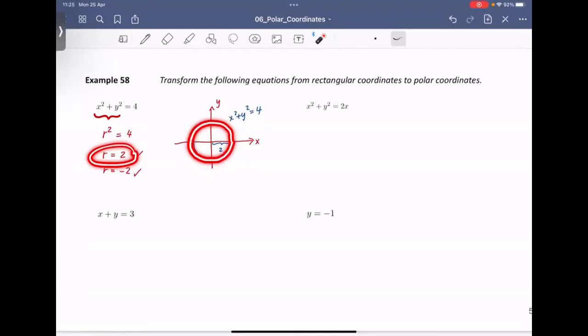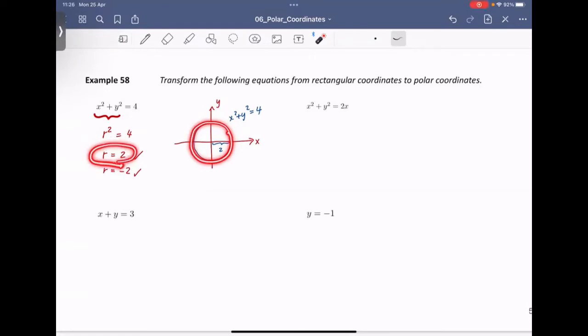You don't care what the angle is, so you don't see theta here. Theta can be anything. That is why polar coordinates are so good with circles: a circle in polar coordinates is just r equal to 2.